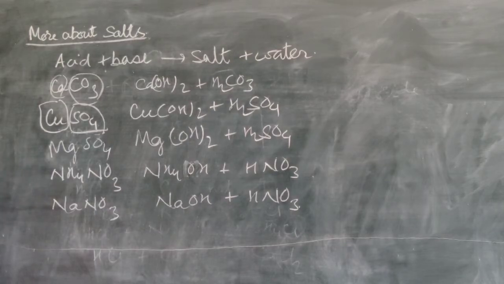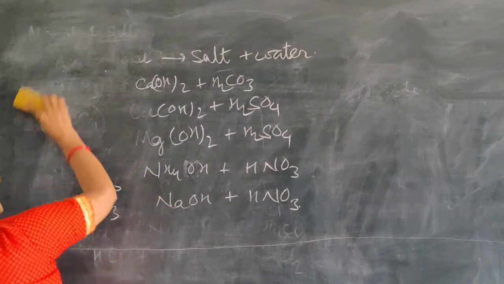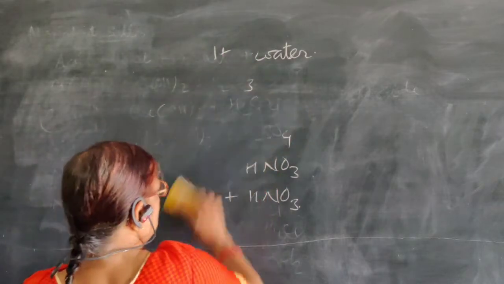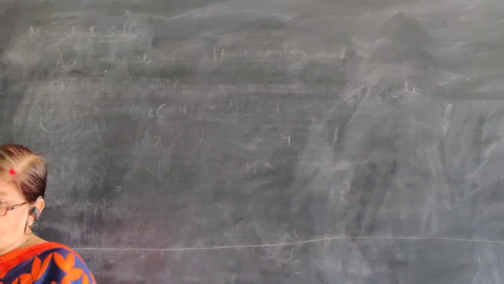Now we will study the pH of the salts which are formed by different acids and bases. You have to study that acids and bases are classified as strong and weak. They are classified as a strong acid and a weak acid, and a strong base and a weak base.